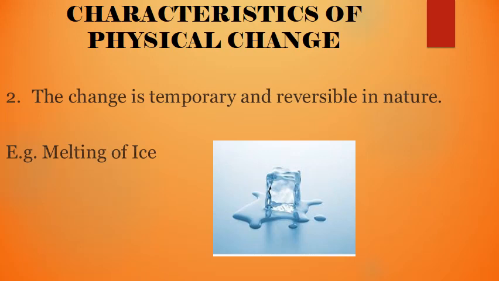Now you take back that glass of water and keep it back in the refrigerator. What will happen? You will see the liquid water has again changed back to ice. So, melting of ice is not a permanent change. It can be reversed, it can be altered, so that change is temporary.